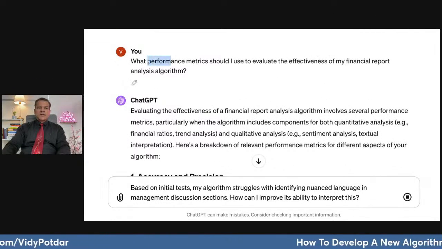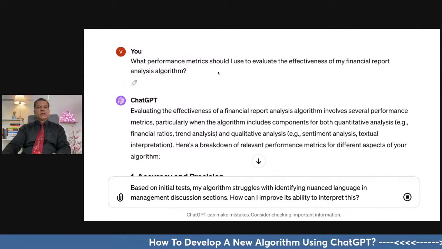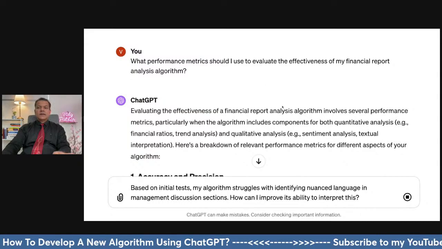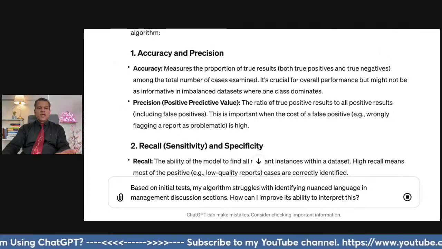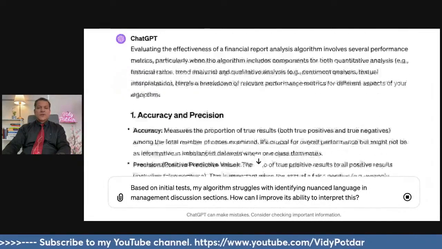So performance metrics are important because if you have designed an algorithm in the past, you know that you have to show that your algorithm is better than the one that is available in the literature. So if this is the algorithm that you are going to design, what should be the evaluation metrics?